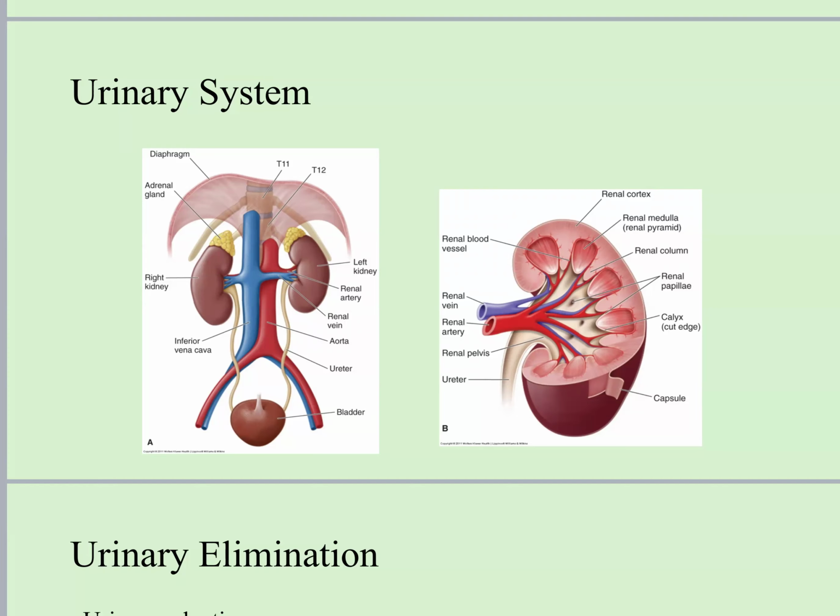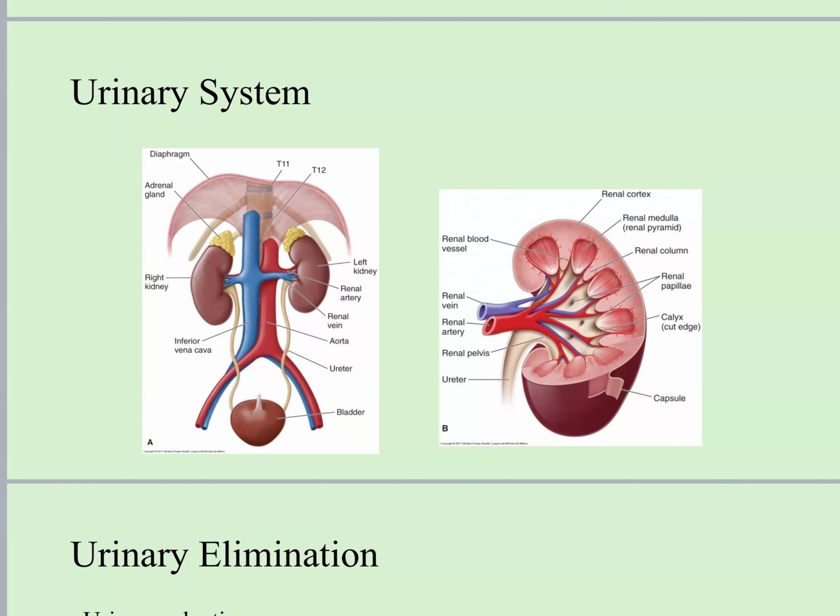The renal medulla is also called the renal pyramid because it's the inner region. It gets arranged into pyramid type structures. Now, the renal medulla has the loops of Henle and the collecting ducts, and this is where urine gets concentrated. So, where water gets reabsorbed and electrolytes are kept in or tossed out.